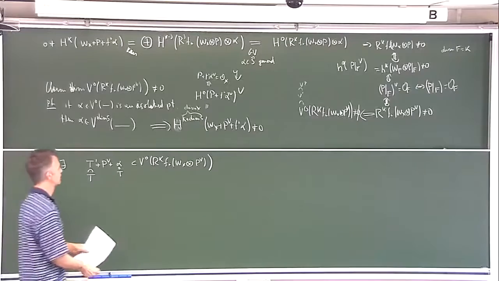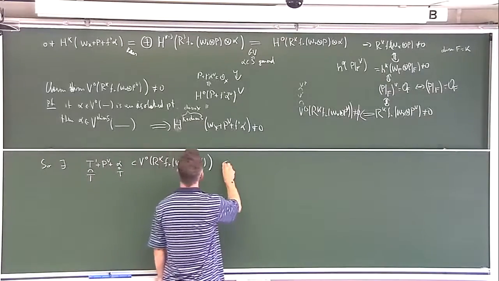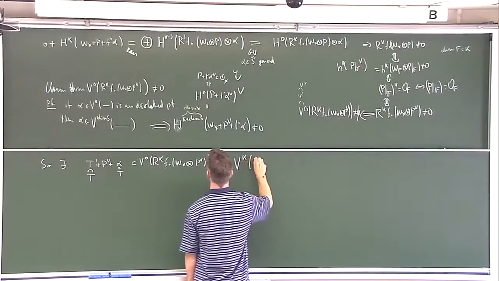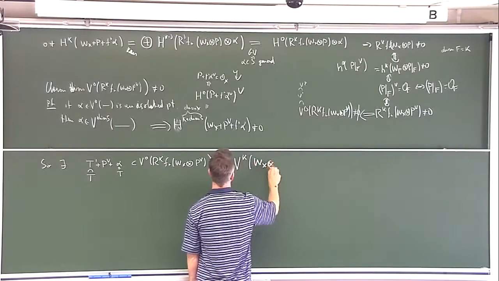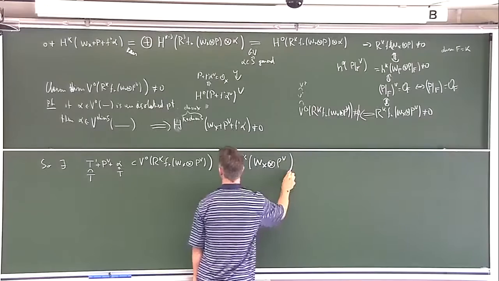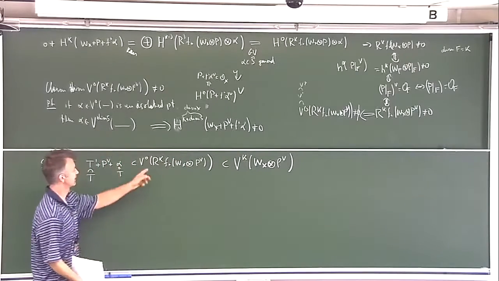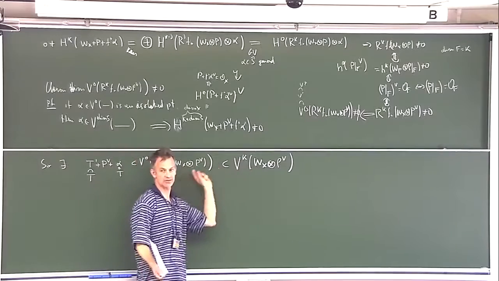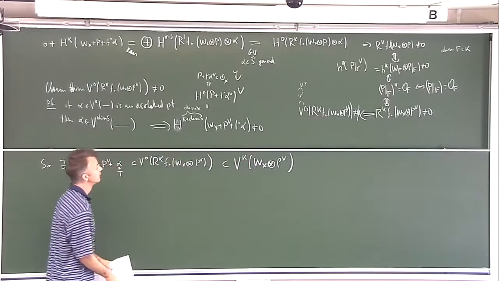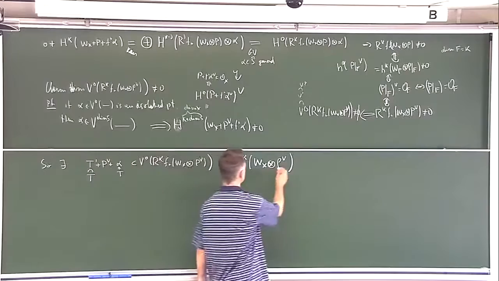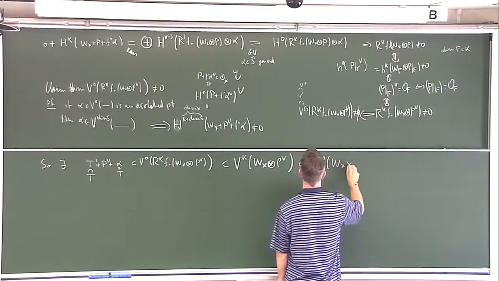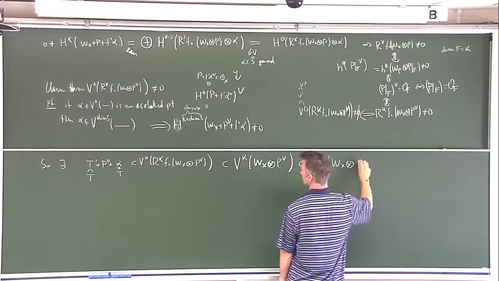Okay. But then, by that argument, this is contained in Vk omega x tensor P dual. Every time that this cohomology group doesn't vanish, then this doesn't vanish because they're summands, one or the other. But now, since this is a generic vanishing sheaf, this is contained in V0 of omega x tensor P dual.